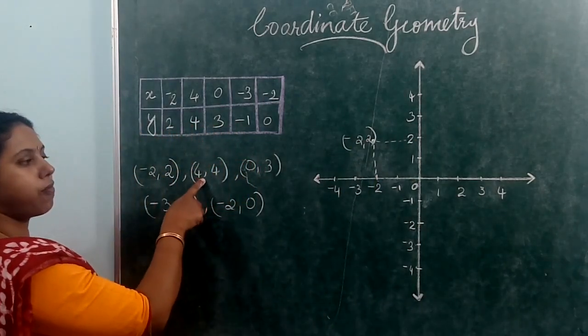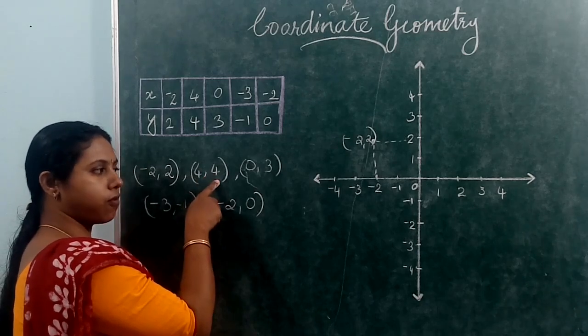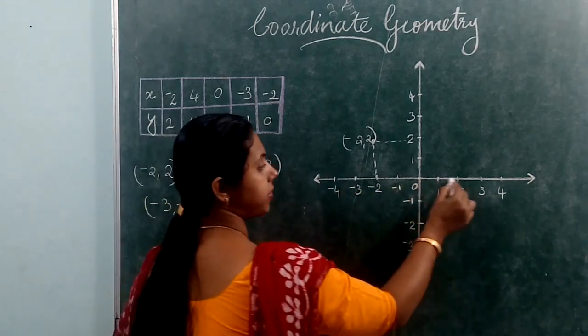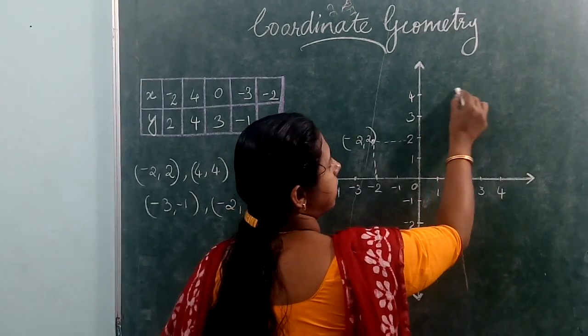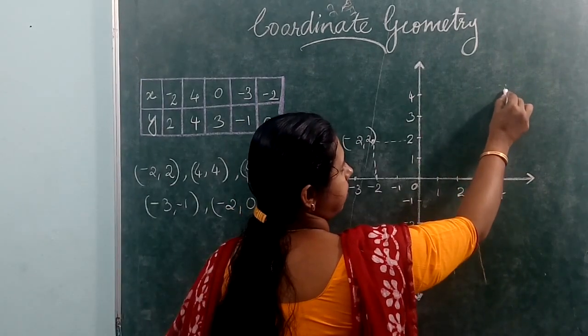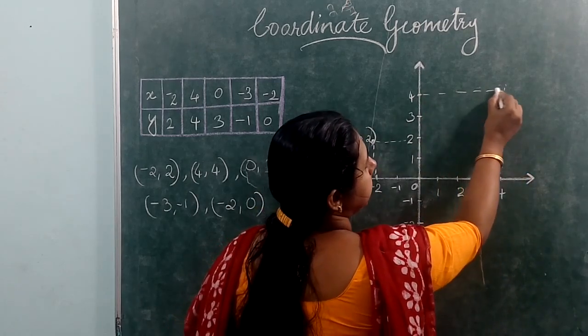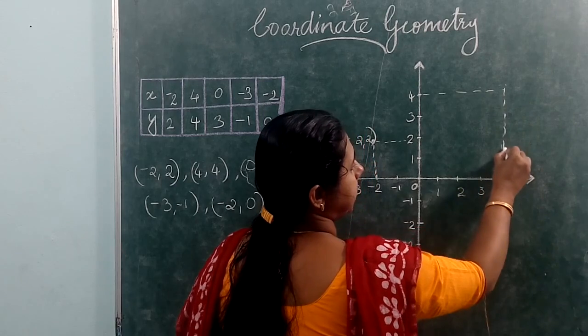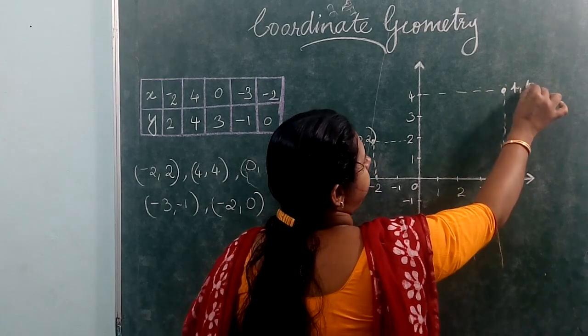Next is (4, 4). The x coordinate is 4, the y coordinate is also 4. So the point will be here. This point is (4, 4).